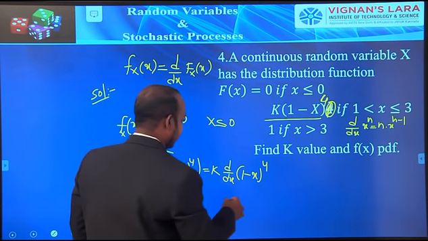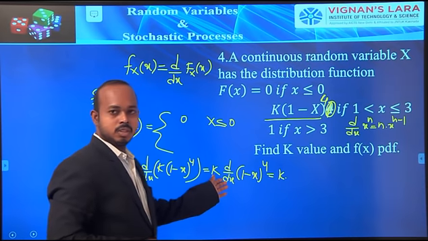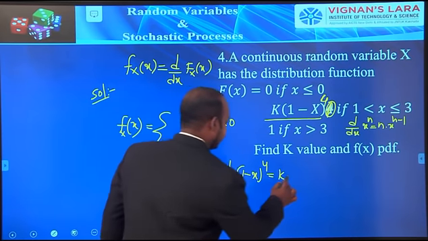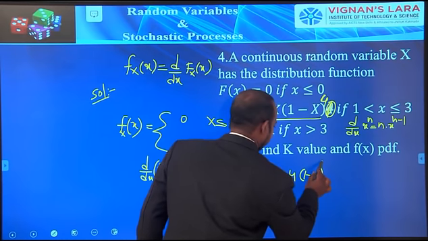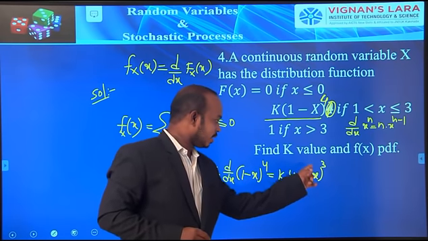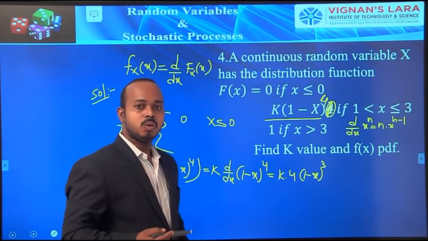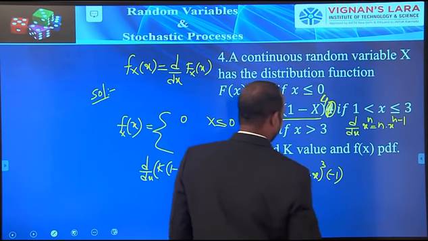Here I am rewriting this entire function as k into the derivation of this power term: 4 into (1 minus x) power 3. I am also differentiating this x with respect to x. The value is minus 1.